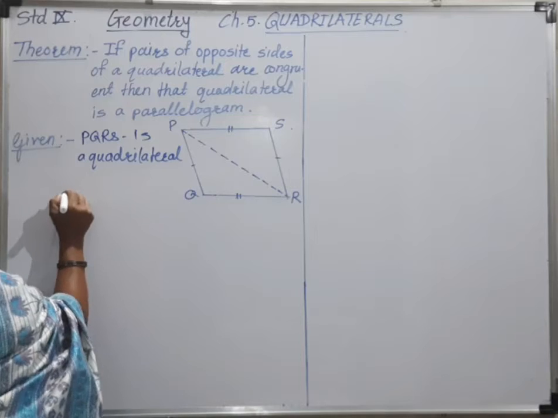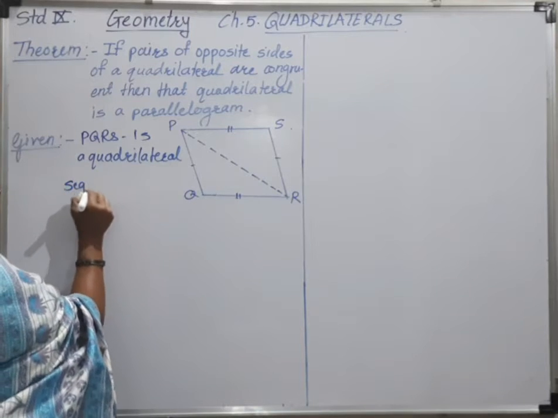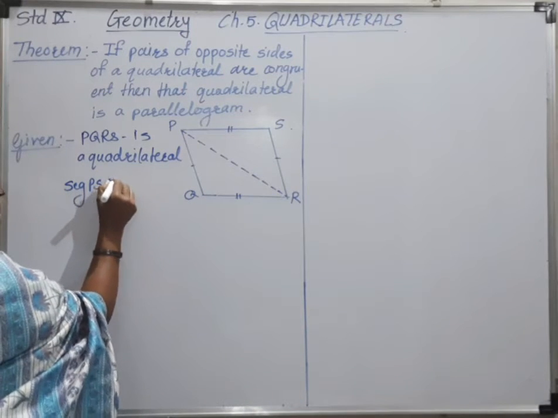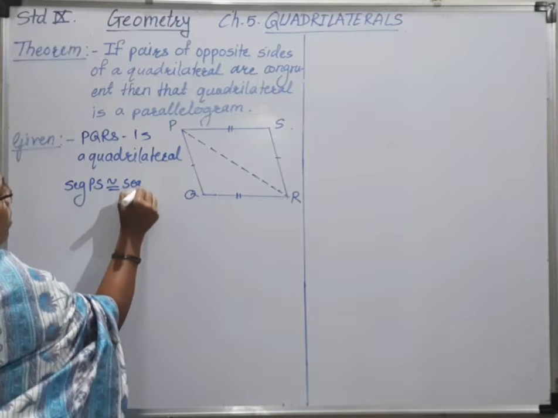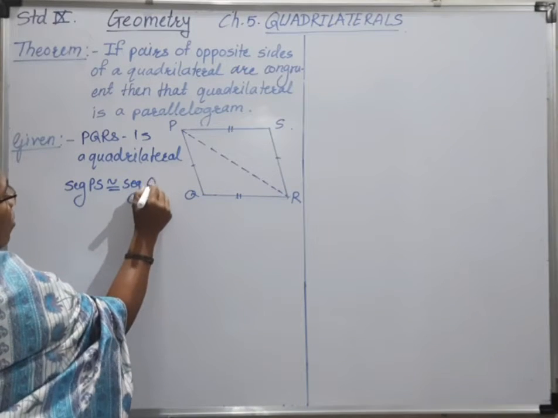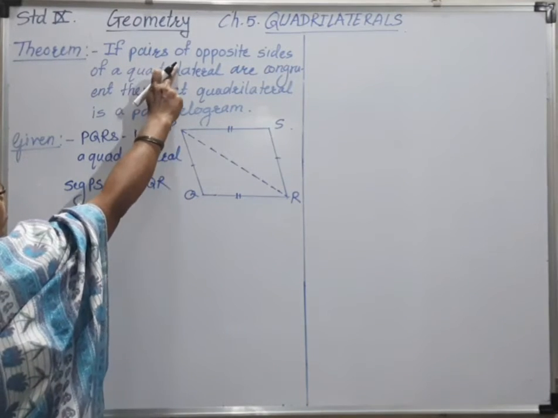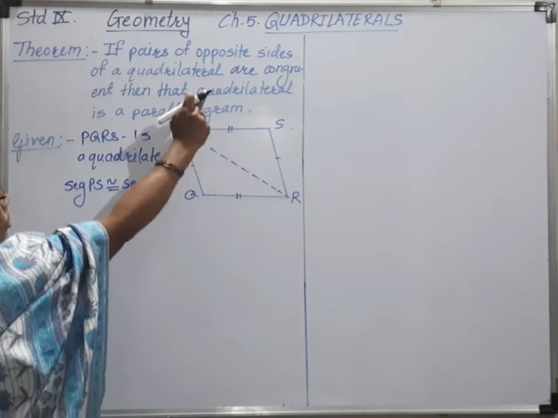In this, segment PS is congruent to segment QR, which are the opposite sides. Opposite sides of the quadrilateral are congruent.